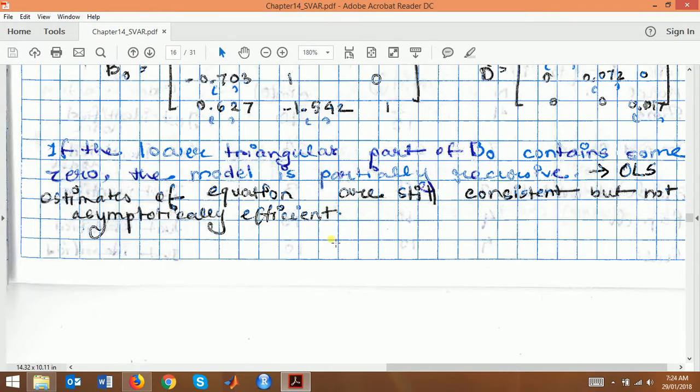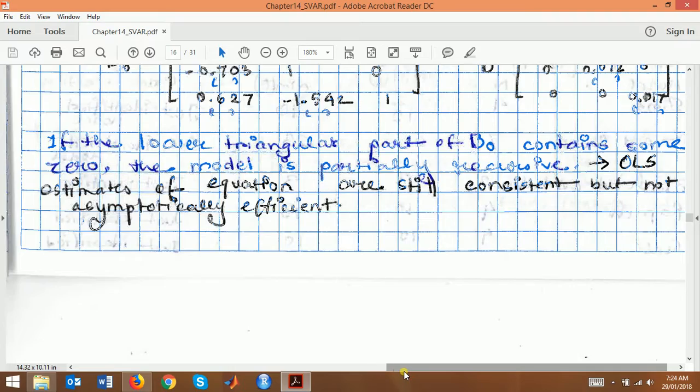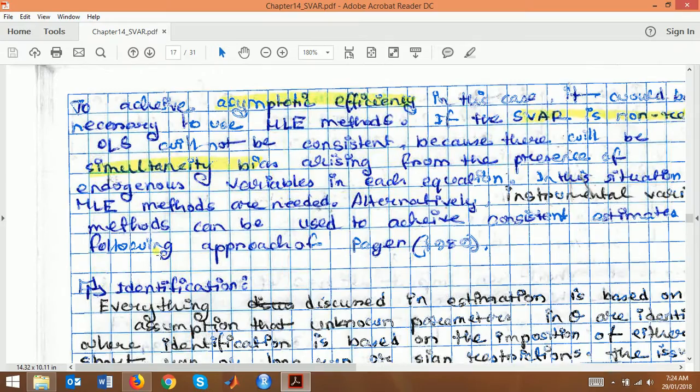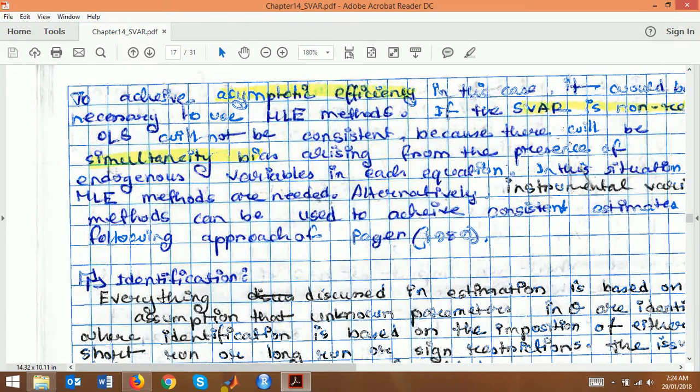So here I'm suggesting that OLS is going to be consistent but not efficient if there is some 0 in the lower part of the recursive algorithm or the lower triangular matrix. To achieve asymptotic efficiency in this case, it would be necessary to use maximum likelihood estimation methods.